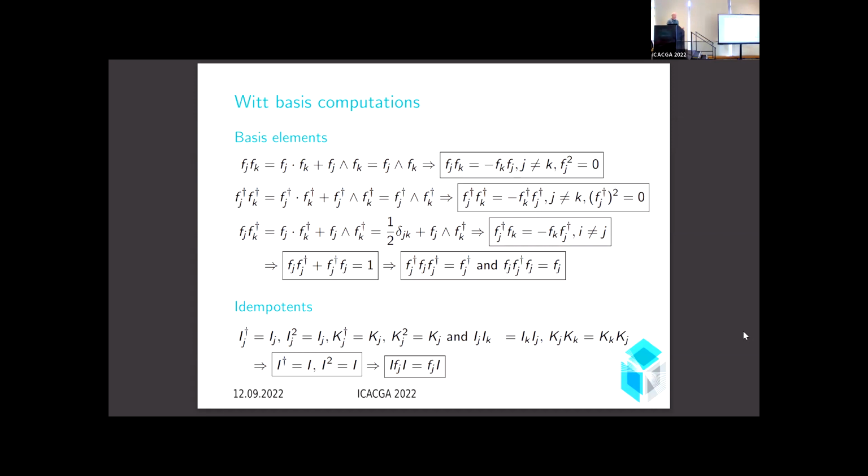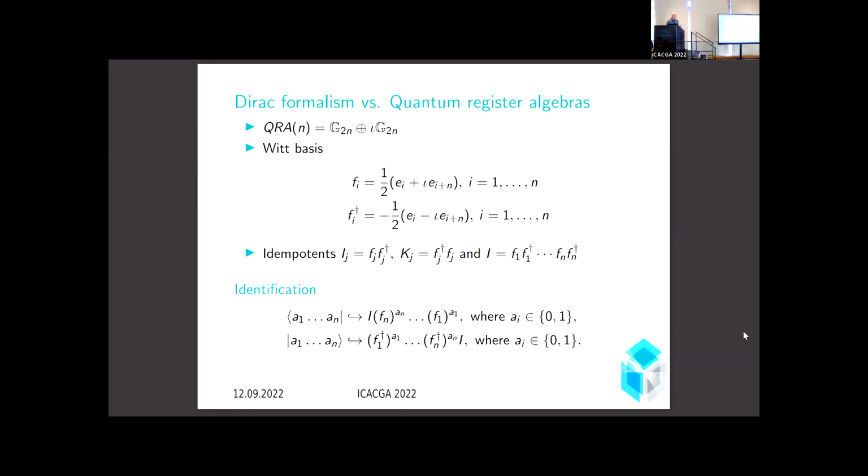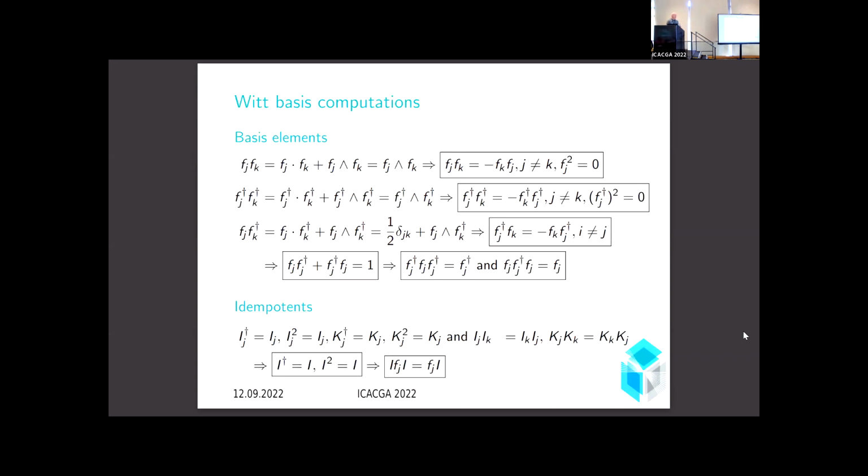The original basis was orthogonal and the bit basis isn't. But the reason why we have changed it is this direct identification. So we found the basis which is natural to use in quantum computing. But if we want to compute in it by hand, we have to use these identities.